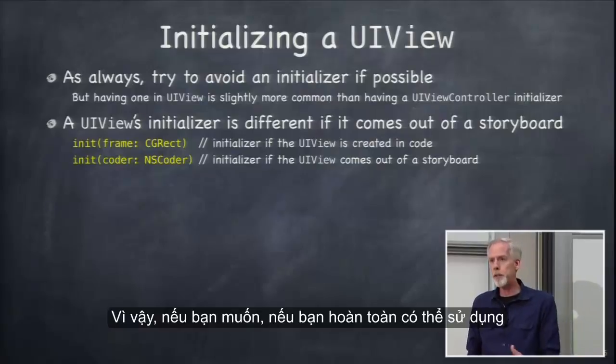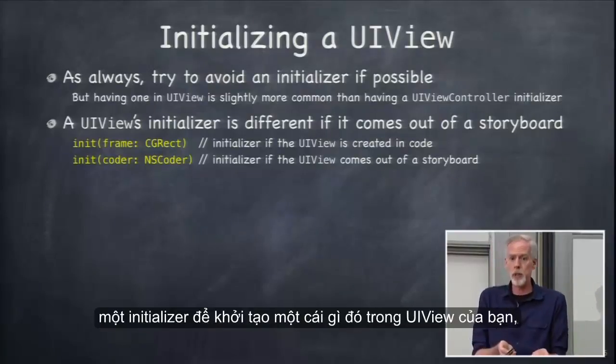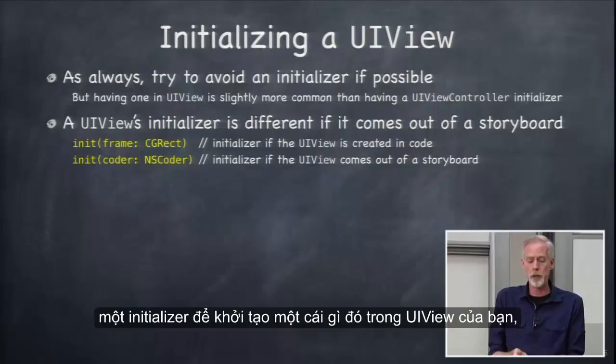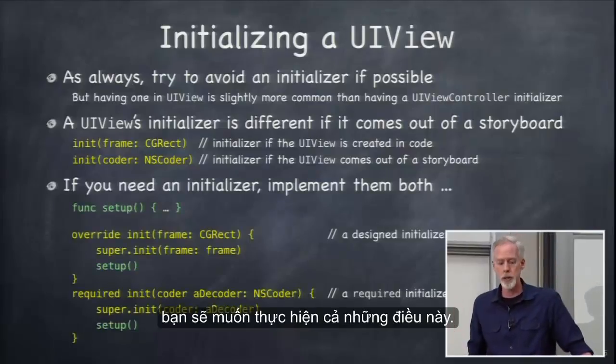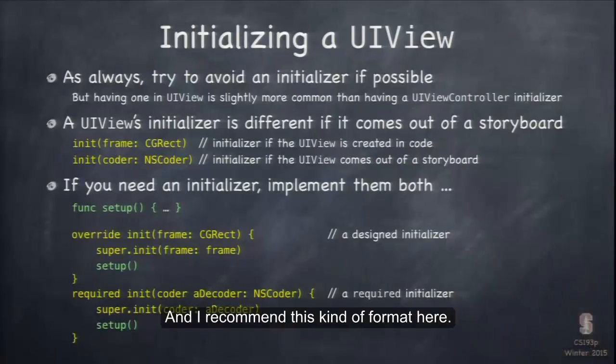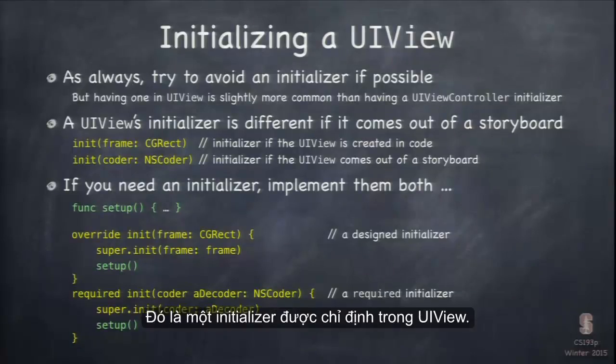So if you absolutely have to use an initializer to initialize something in your UI view, you're going to want to implement both of these things. And I recommend this kind of format here, where you override init with frame there. That is a designated initializer in UI view. And then there's actually a required initializer, which is the decoder one.